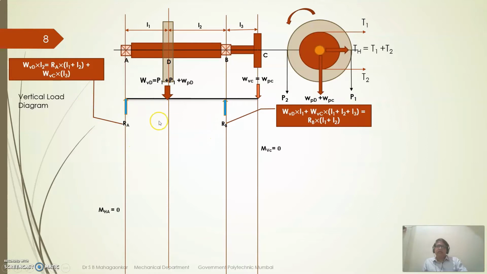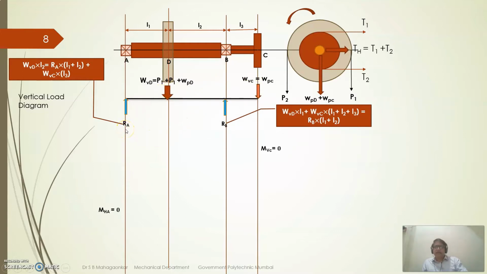These are the reactions. Or else you can use the summation of forces: RA plus RB is equal to this plus this, that is, the summation of forces equal to 0. This is the easiest way: once I get RB by taking the moment, I can get RA from RA plus RB is equal to WBD plus WBC.